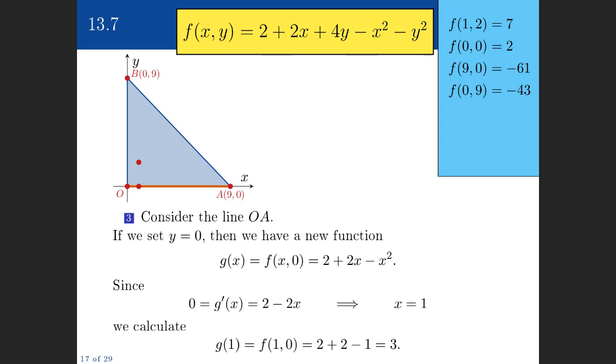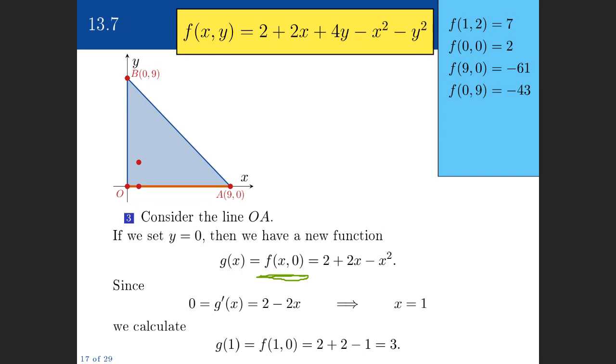Step 3. Let's think about the line from O to A. If we're on this line, then we always have that y is equal to 0. So on this line, we're looking at f at (x, 0), where x is some number between 0 and 9. In other words, we're looking at 2 plus 2x minus x squared.